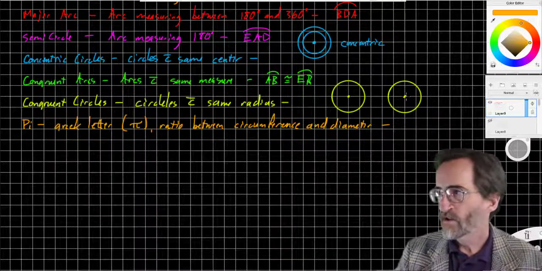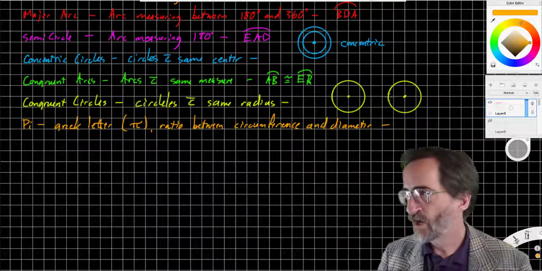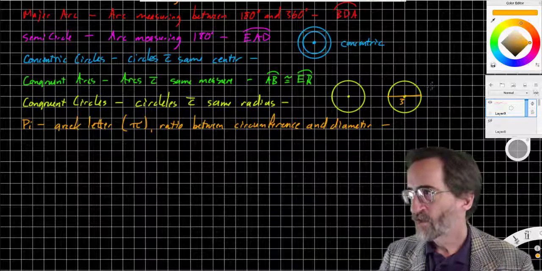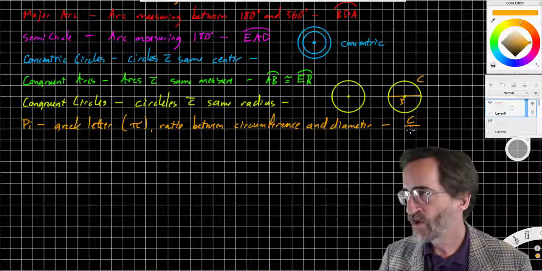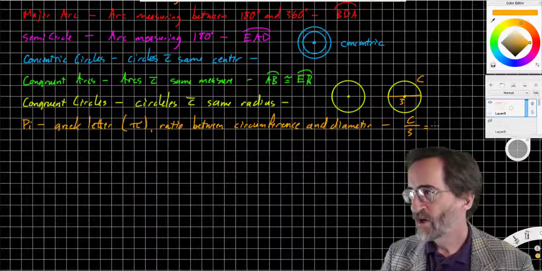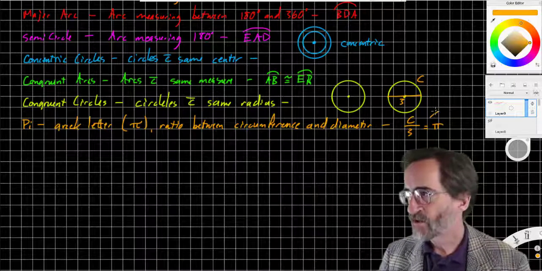So let's say this has a diameter of 3. Then its circumference divided by its diameter is pi. Or another way to say that is circumference is 3 pi.